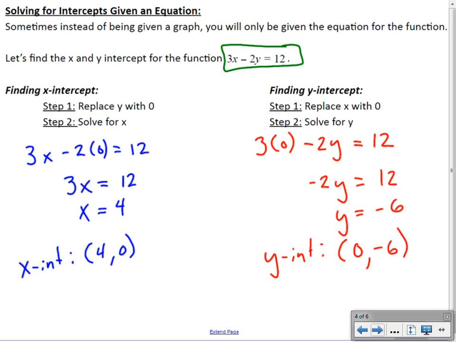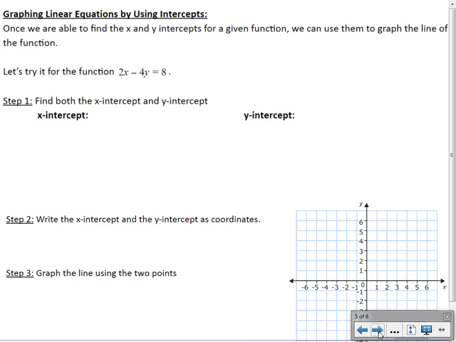So even without a graph, we can still find algebraically where this line would cross the x and y axis. So let's extend on this. Here's a new equation. Let's start off by finding the x and y intercepts. For an x-intercept, we said we're going to plug in 0 for y. So 2x minus 4 times 0 equals 8.